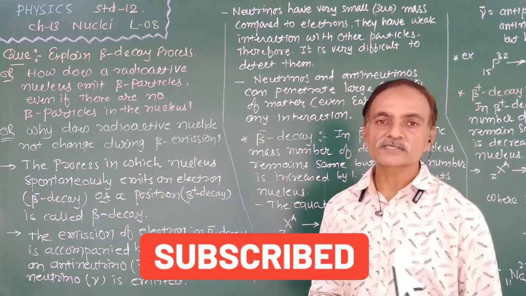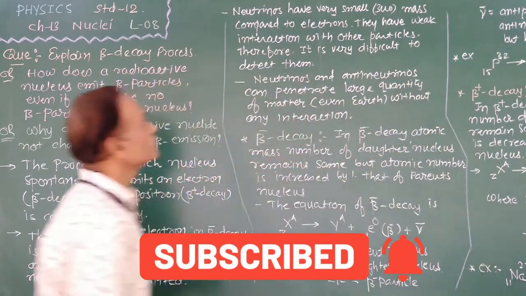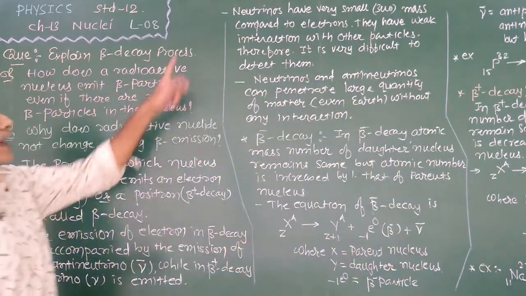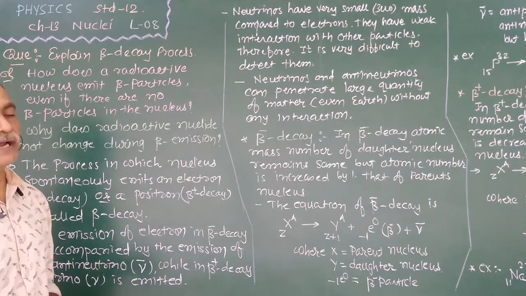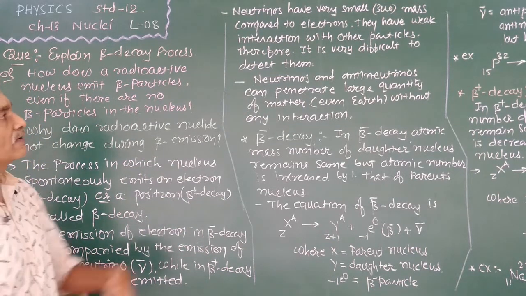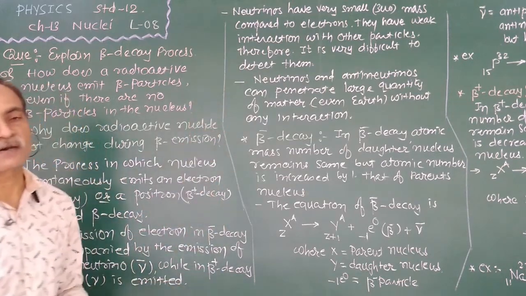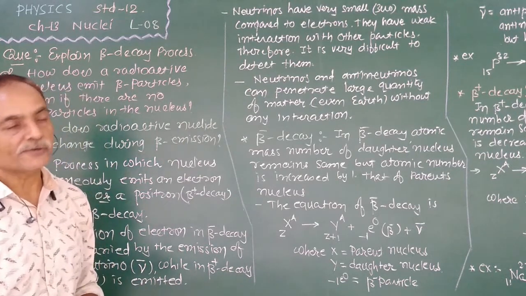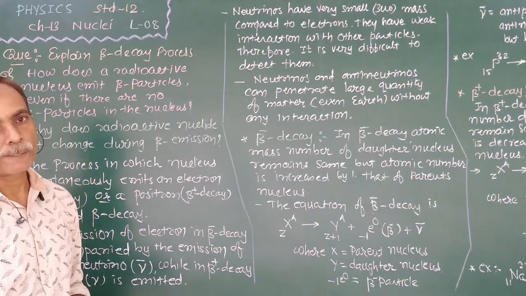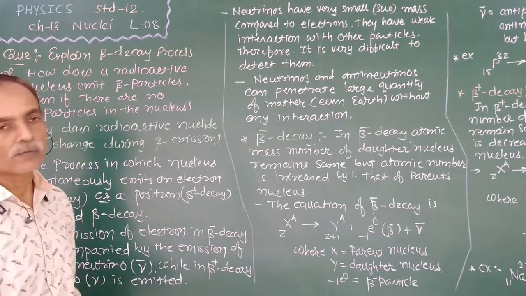Now, the neutrino has a very small, approximately zero mass compared to the electron. They have weak interaction with other particles. Therefore, it is very difficult to detect them. What is the characteristic of neutrino?